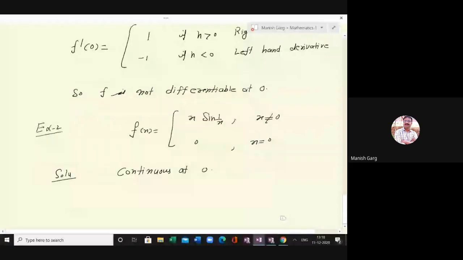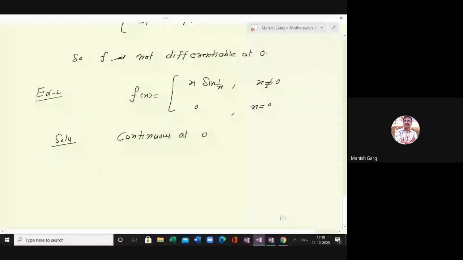Now for differentiability, I am doing this by right hand derivative or left hand derivative. The right hand derivative, r f dash 0, is the limit as h tends to 0 of f(0 plus h) minus f(0) by h.